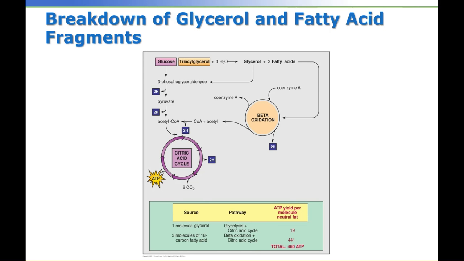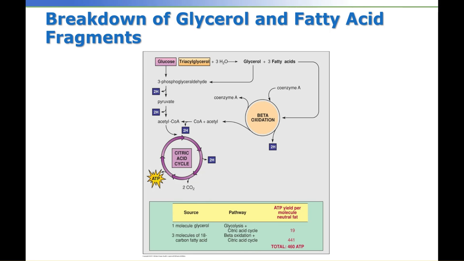The compound's broken down differently. Okay, that's basically the easiest way to say it. So the three fatty acids go through the beta oxidation phase, and then the glucose goes down through the citric acid cycle. Okay.